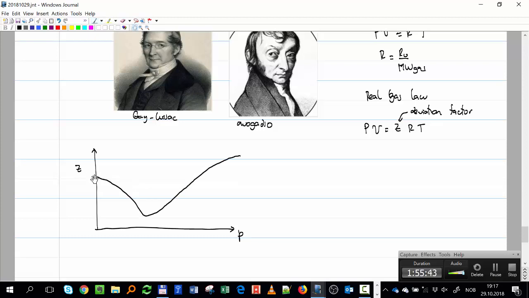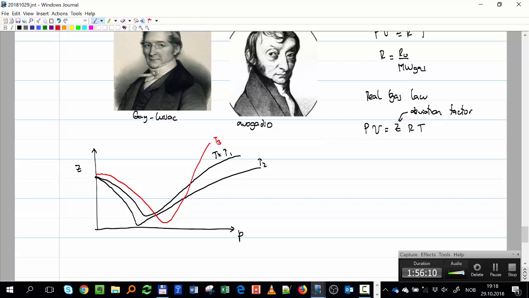The curve goes something like that: when you increase pressure, it starts going down and then goes up. That's for a constant temperature. For another temperature, T2, it behaves differently, and for another temperature, T3, it behaves differently again. Very difficult to make a trend.